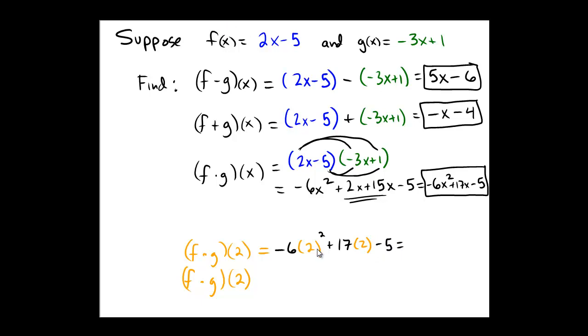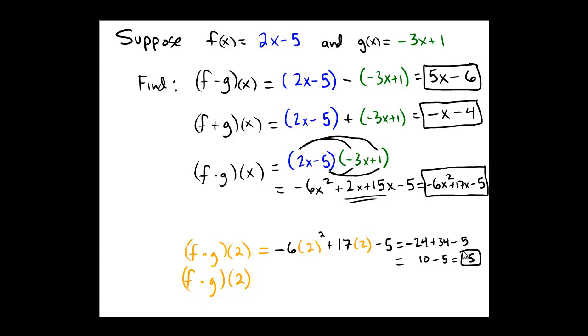Of course, order of operations: 2 squared is 4, 4 times negative 6 is negative 24, 17 times 2 is 34, minus 5. Negative 24 plus 34 is 10, minus 5, and so the final answer is 5.